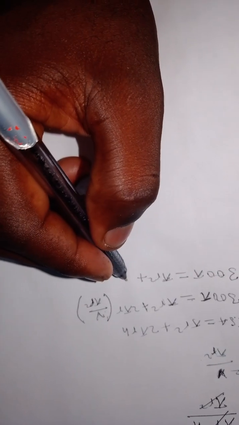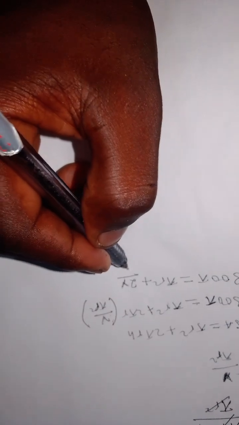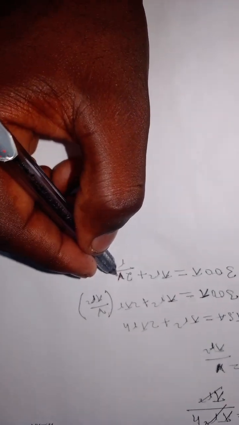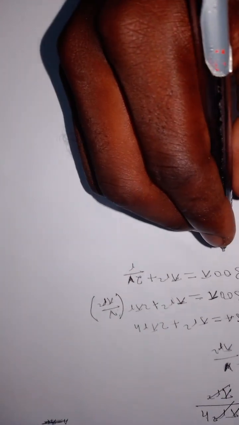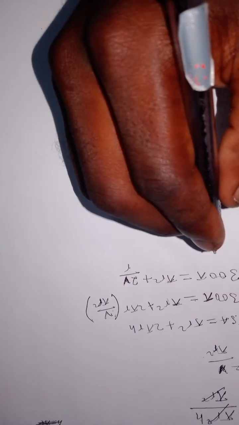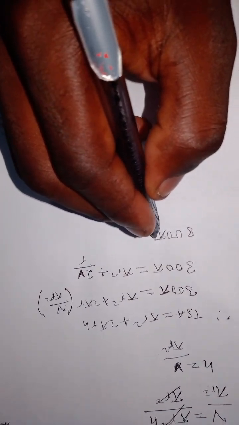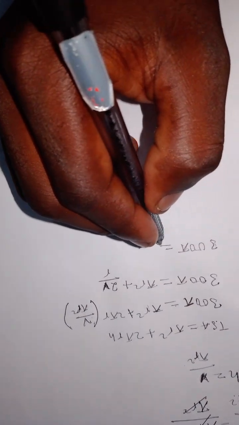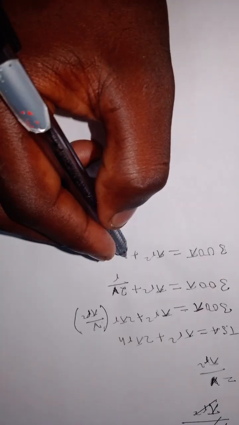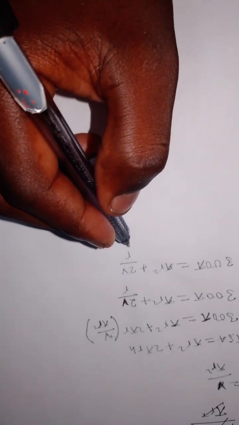So you are going to remain with 2V over r, which is 2 volume over radius. So 300 pi will be equal to pi r squared plus 2V over r.